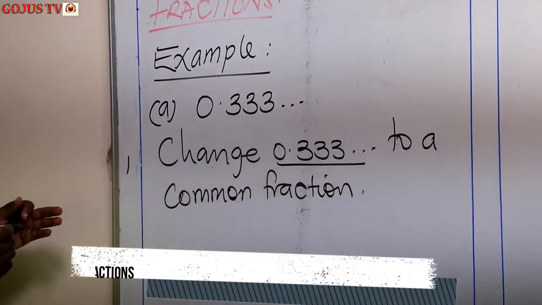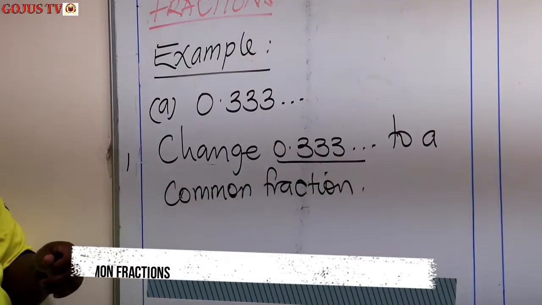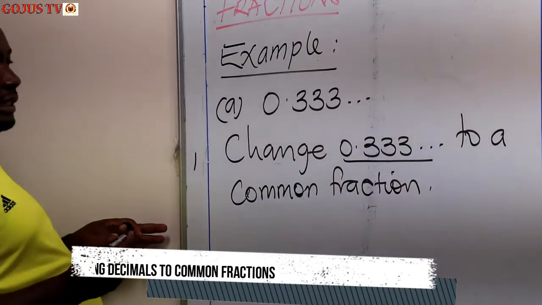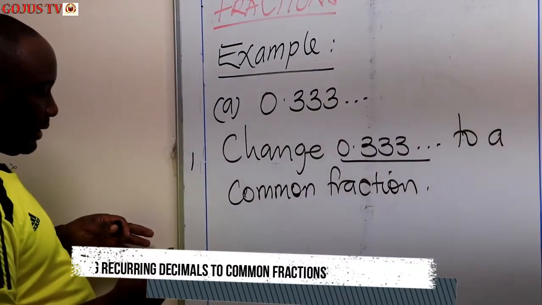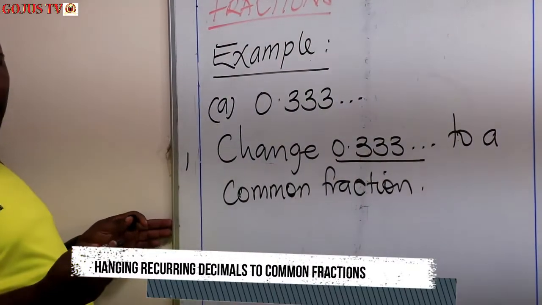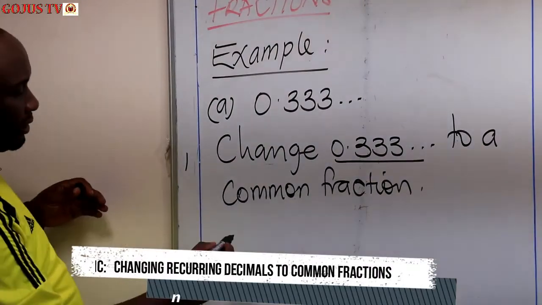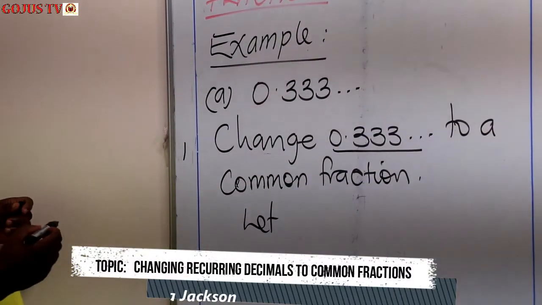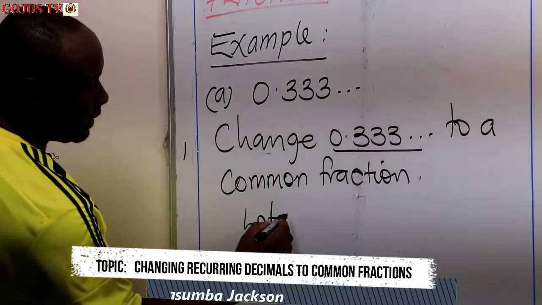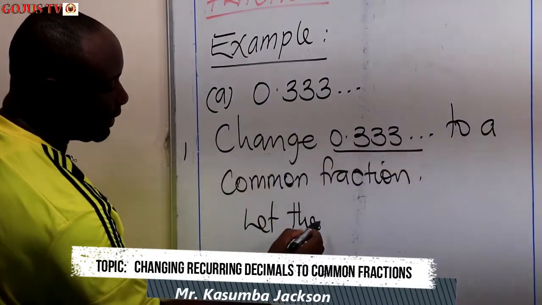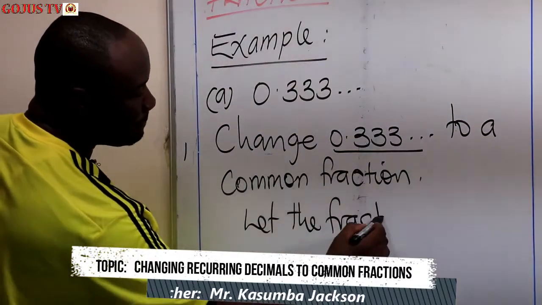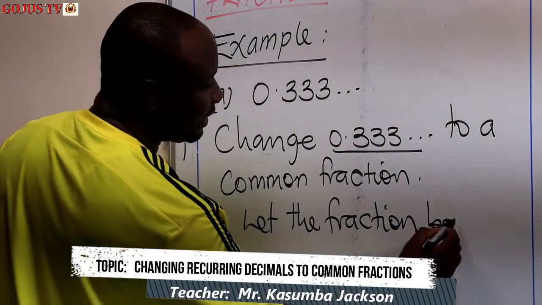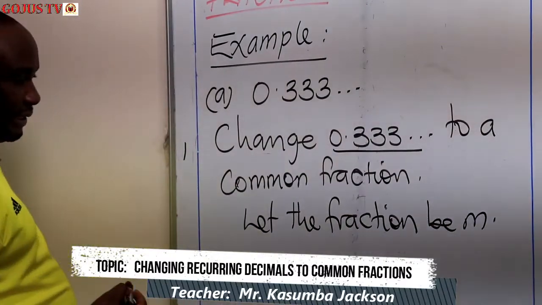A decimal fraction which has no end, which is a recurring decimal, is handled in a special way. Here we are going to use a method where we create an equation, and we shall let the common fraction be an unknown. Let the fraction be m, for example.